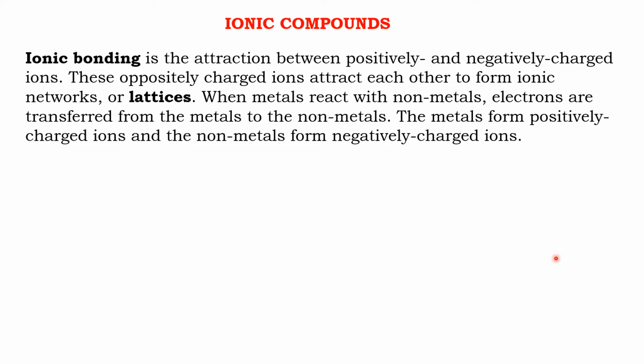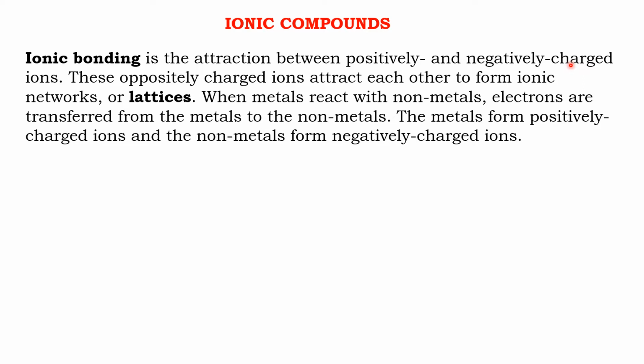So in ionic compounds there exists ionic bonding, and ionic bonding is the electrostatic attraction which keeps the positively and negatively charged ions, that is the cations and anions, together in a particular compound.